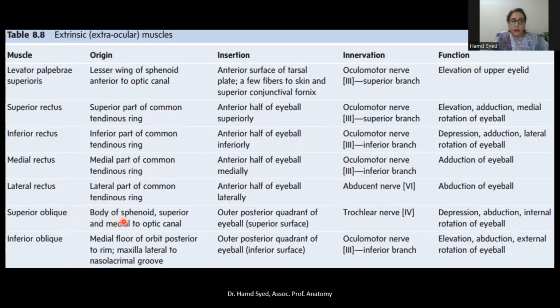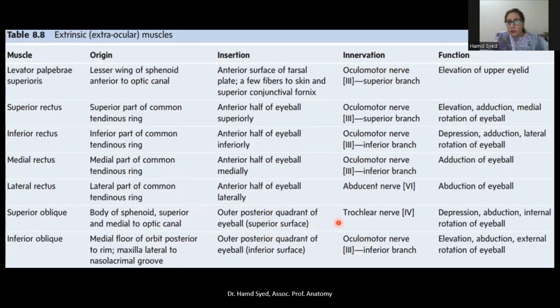Superior oblique has its origin from the body of sphenoid bone, whereas the inferior oblique, this is the only muscle which is not arising from the posterior aspect of the orbital cavity, but its origin is from the floor of the orbit anteromedially, and you can see the insertion of both of these oblique muscles is into the posterior part of the eyeball.